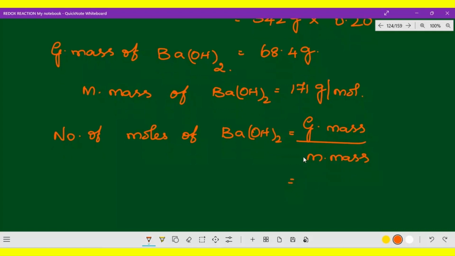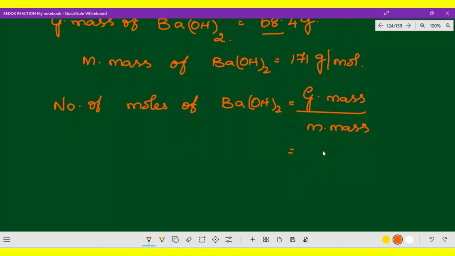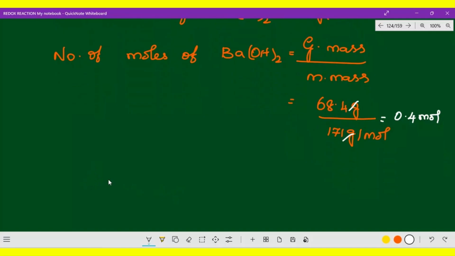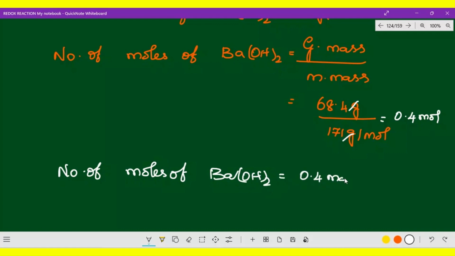Given mass is 68.4 gram divided by molar mass 171 gram per mole. Gram and gram will cancel, so you will get around 0.4 moles. So the number of moles of barium hydroxide, Ba(OH)2, is 0.4 moles.